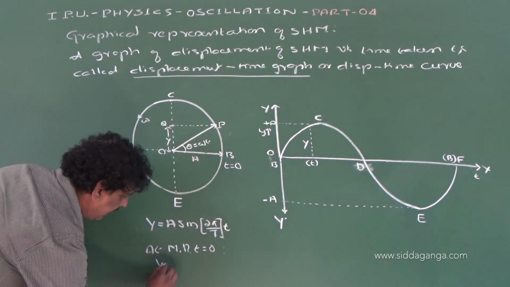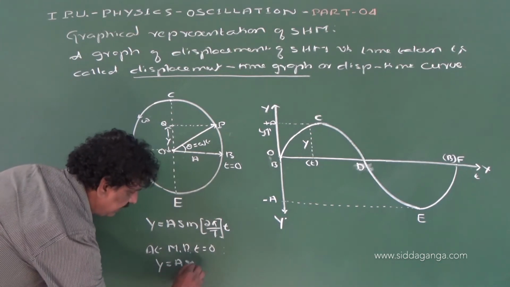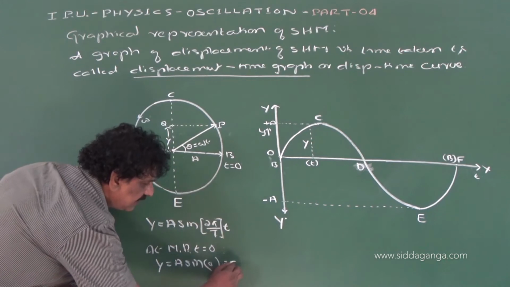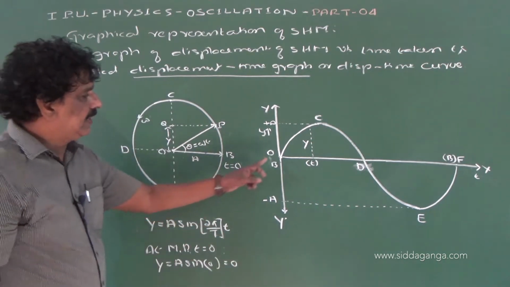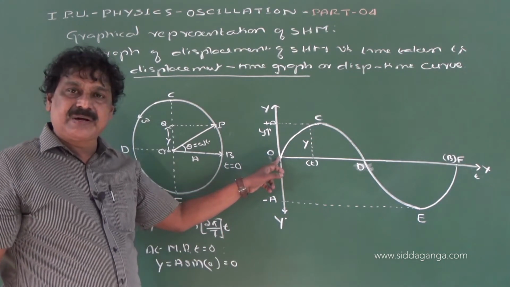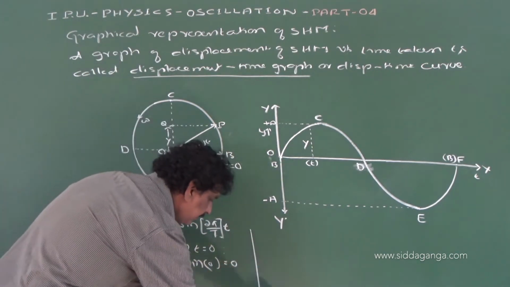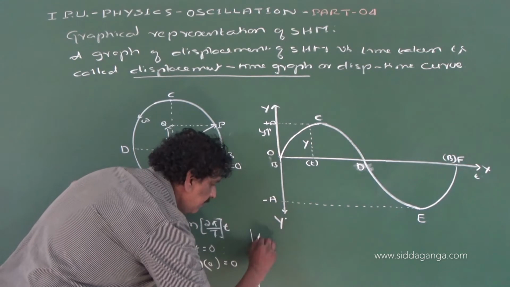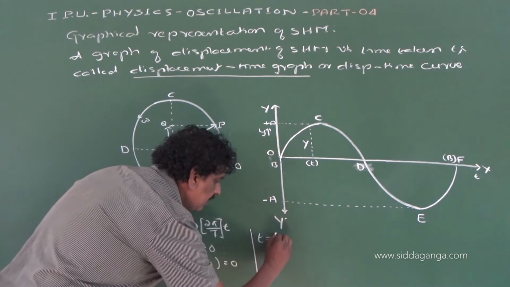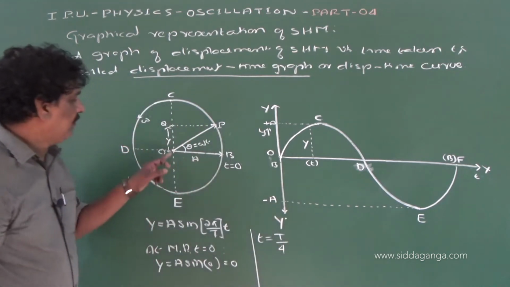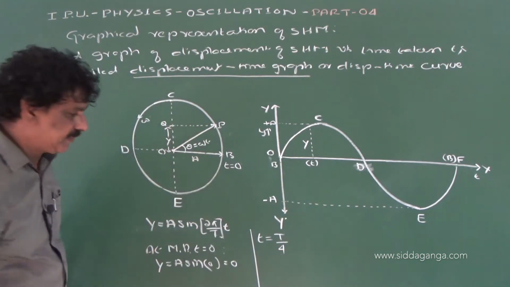Then we have y is equal to a sine 0, that is equal to 0. That is, at this point, displacement y is equal to 0. When time t is equal to T by 4, it has reached this position.